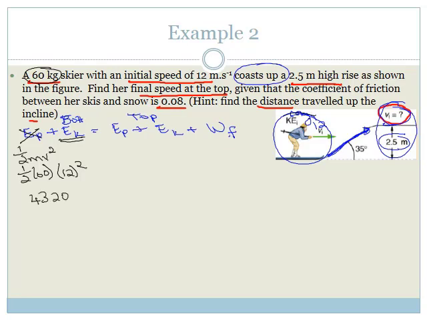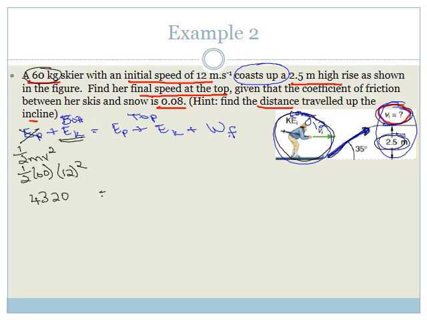So what that means is this skier has got 4,320 joules to overcome the force of friction, to do work against the force of friction, to get up to a height of 2.5 meters and still have some velocity.